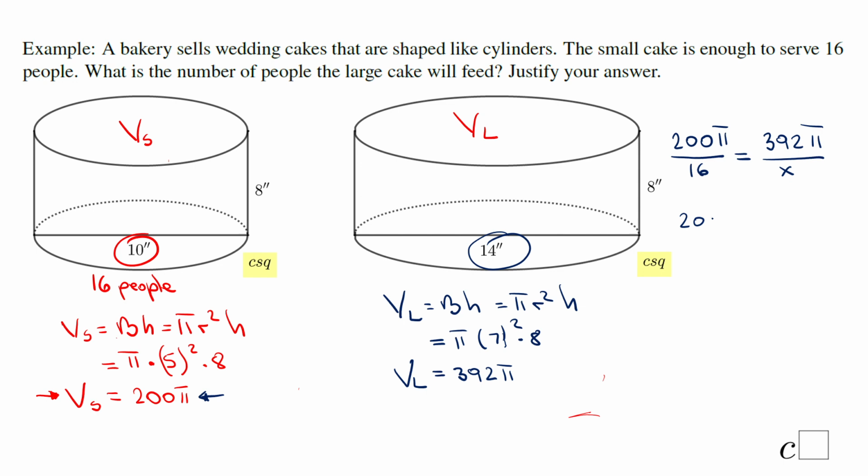I have 200 pi times x equals 16 times 392 pi. So if I want to solve for x, I need to divide by 200 pi. That will allow me to get rid of the 200, and to get rid of pi. Don't forget to do the same thing on the other side, obviously. So this is the exact answer. The only thing maybe you want to do here is to simplify if you do not have a calculator.